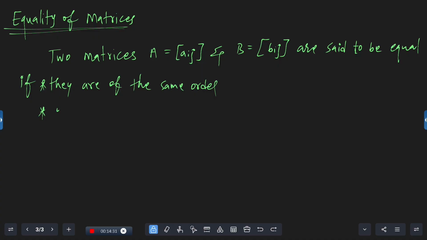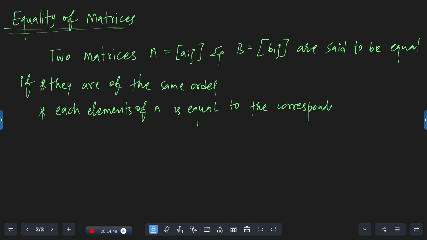That is, each element of A is equal to the corresponding element of B, that is, Aij equals Bij. Meaning the element inside the matrix, Aij and Bij, will be equal for all i and j.